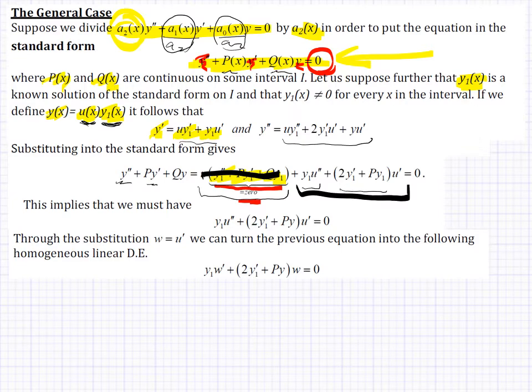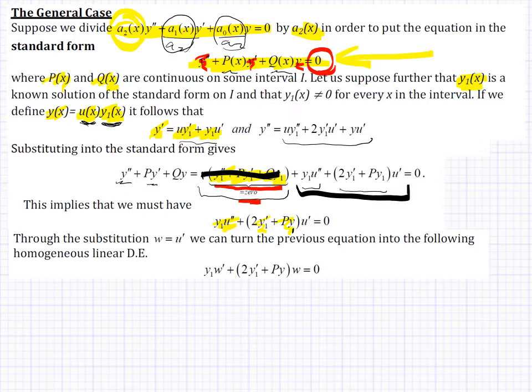If I look a little bit closer at this piece here, this y1 u double prime plus 2 y1 prime plus p y1 u prime, this should be 1. There should be a little 1 right here. We can make a quick substitution on this.